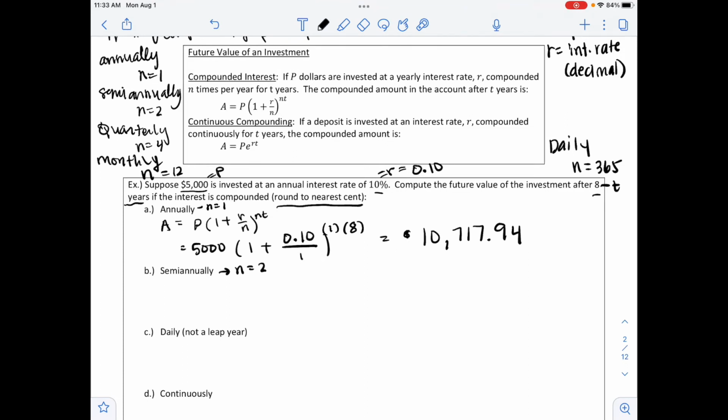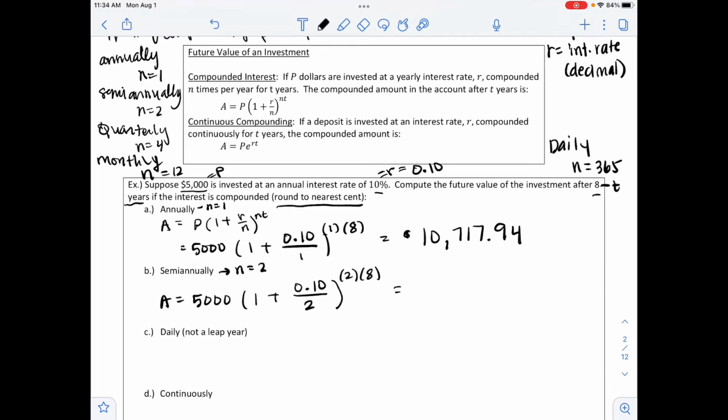I'm going to go ahead and substitute all these values into my formula. So we still have $5,000. We have 10% interest, or 0.10. This time it's divided by 2. Raised to the N, which is 2, and T, which is 8.